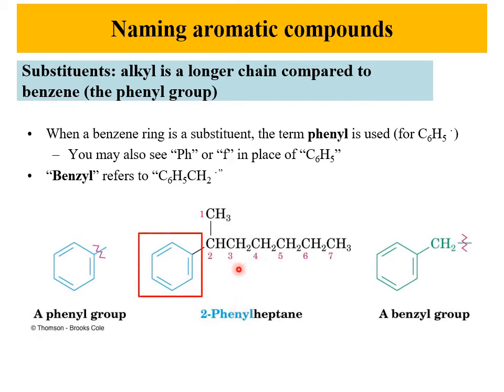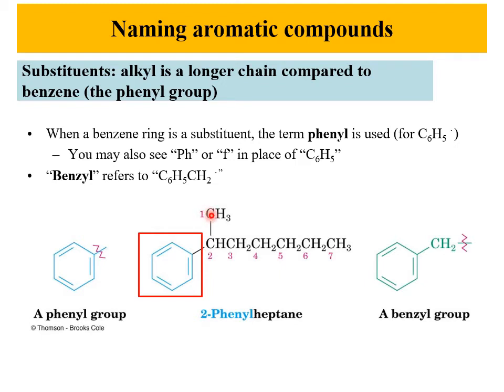In this example, we have the parent here which has 7 carbons, known as heptane. So now benzene becomes a substituent. In normal practice, we want to get the smallest possible number for the substituent.